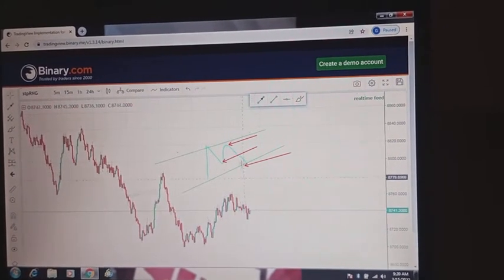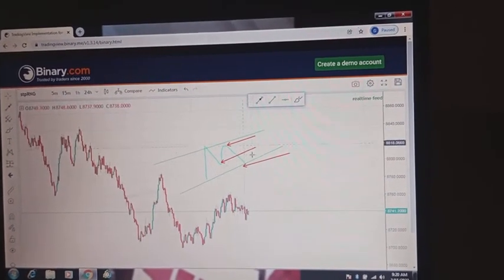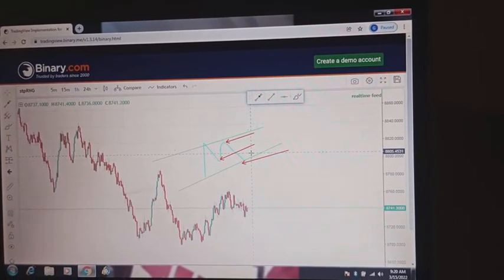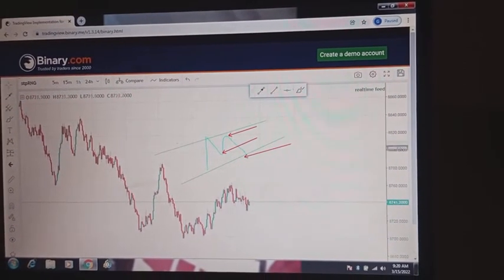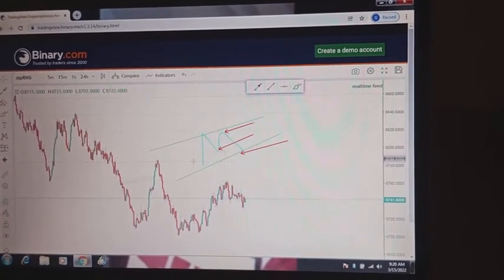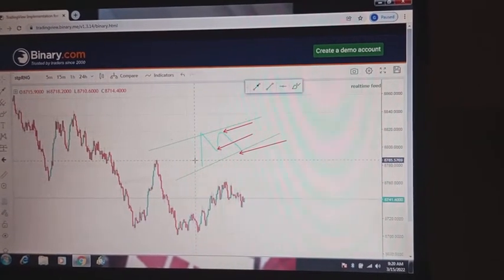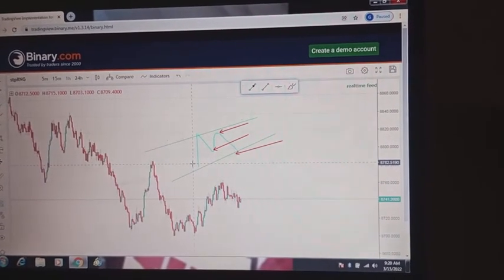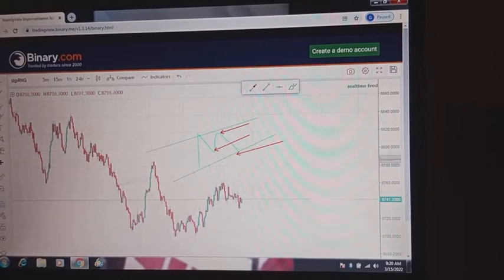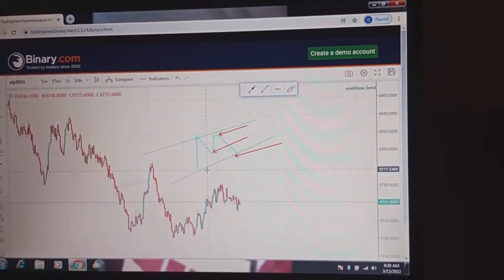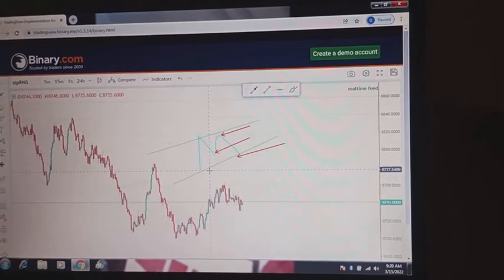First of all, you can see these three arrows on this double top. These three arrows signify things. One, that is the entries. Because I'm going to use Step Index to analyze this, these are the three places that you are permitted to enter this market if you are trading a double top.